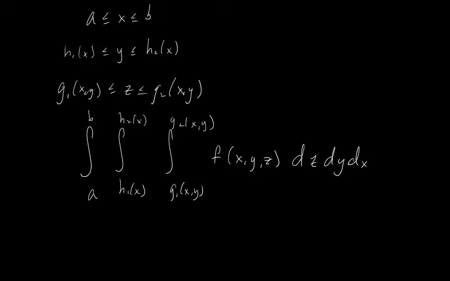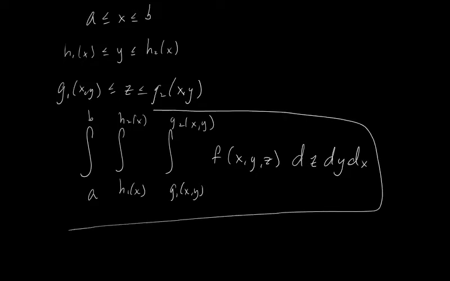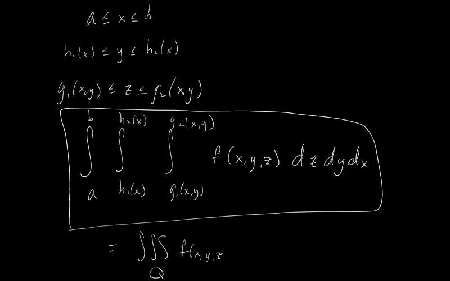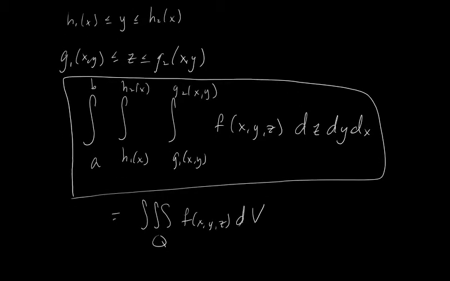So there's our triple integral. That's how we write our triple integral over Q of f of x, y, z dV. The dz, dy, dx is dV, and then over Q we just have to set up our boundaries for x, y, and z.